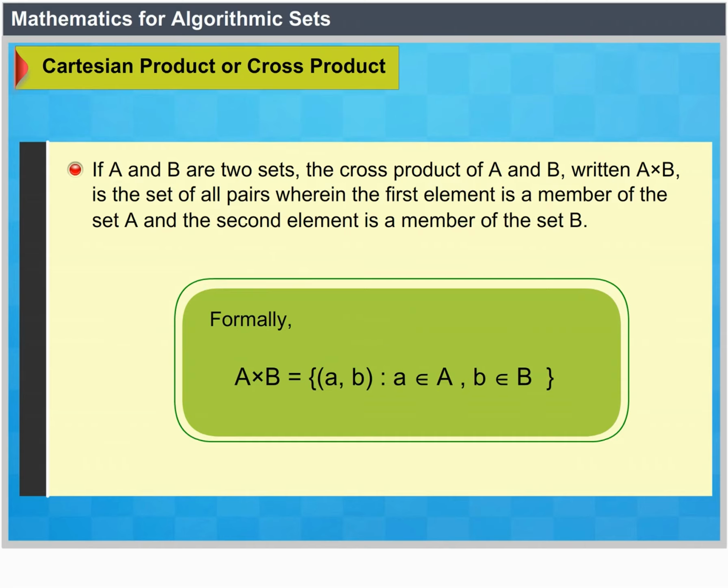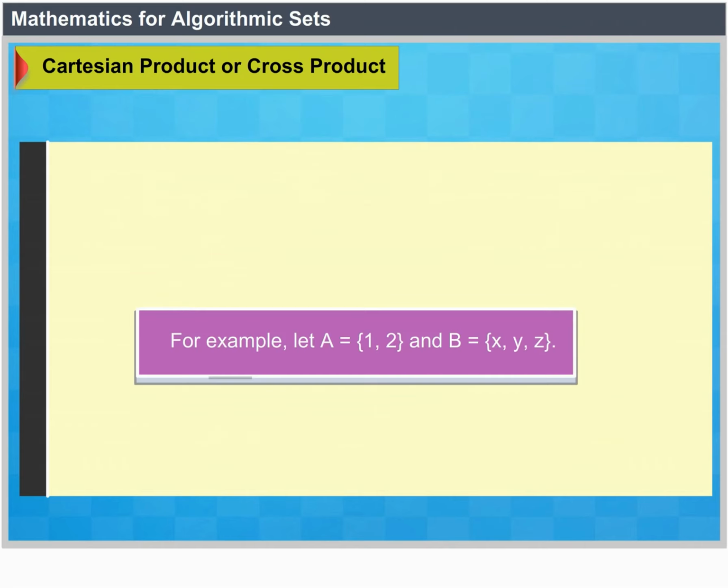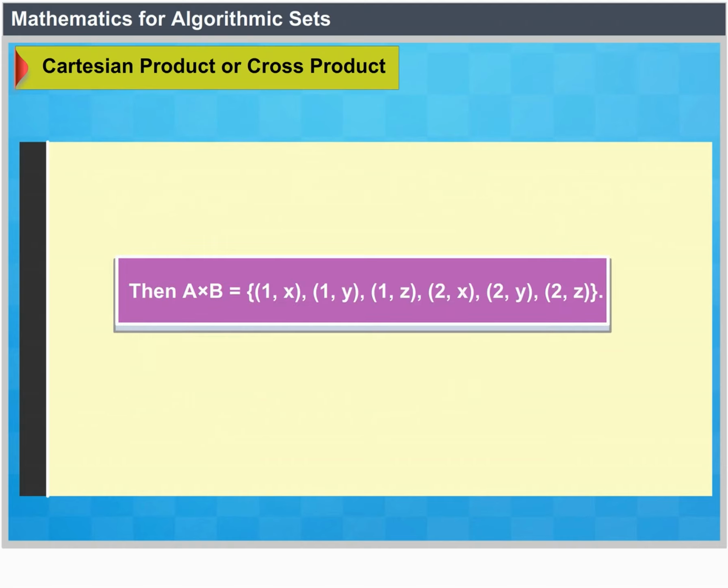For example, let set A contain the elements 1 and 2 and set B contain the elements x, y and z. Then A × B is equal to the set with the pairs (1, x), (1, y), (1, z), (2, x), (2, y) and (2, z).